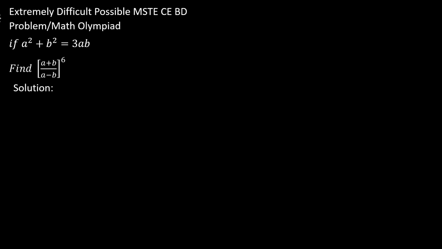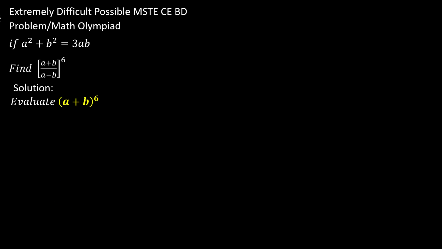Let's separate the computation for the numerator and the denominator like this. First, we have to determine the value of (a plus b) raised to the sixth power, and the denominator (a minus b) raised to the sixth power. That is why we have to do this first.